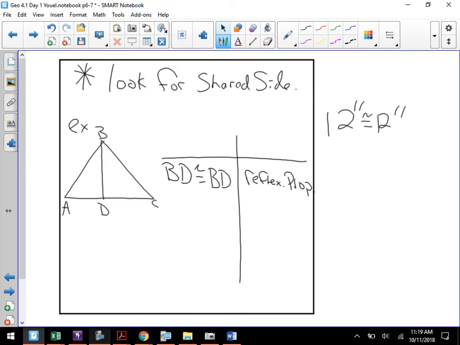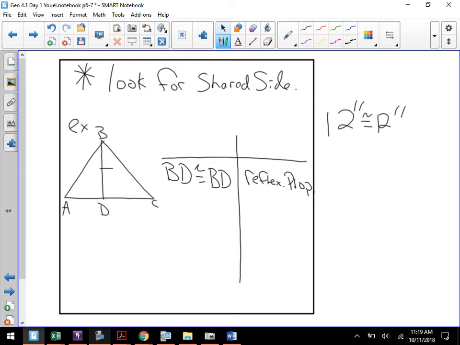Okay. So what happens then, in diagrams, just like when we did vertical angles, we were able to mark them and show that those 2 are congruent right away. We can do the same thing with segments if it's a shared segment. It's going to allow us to do proofs for triangles and stuff better later on.